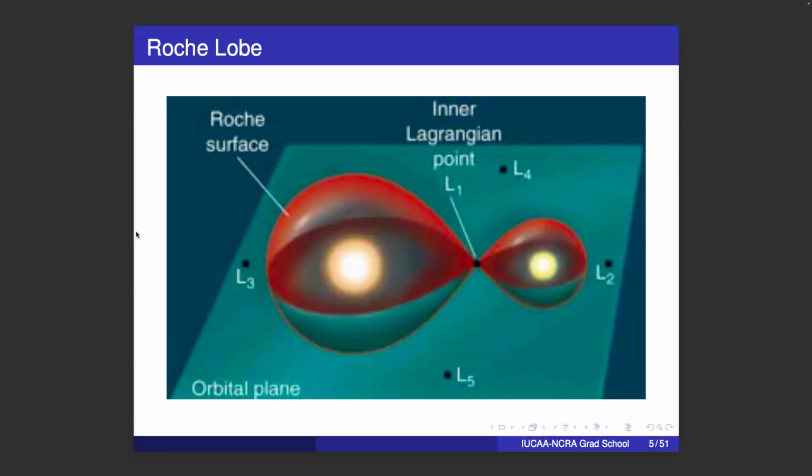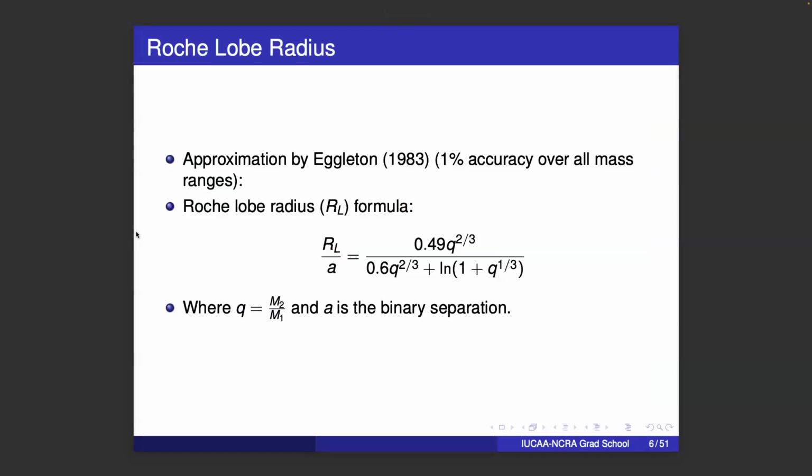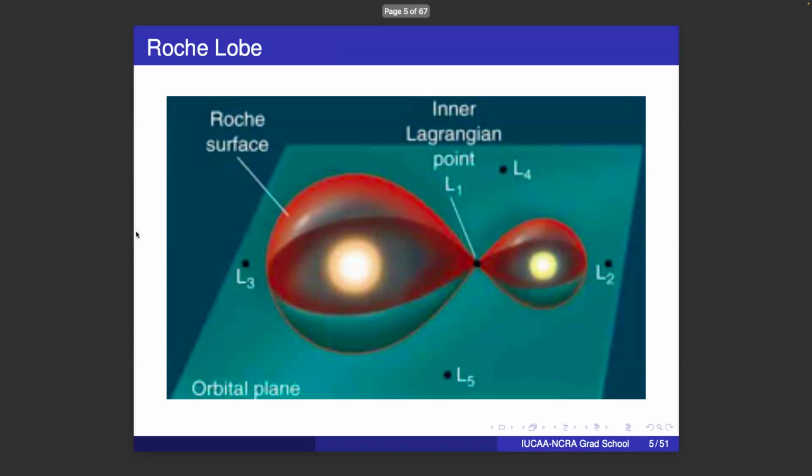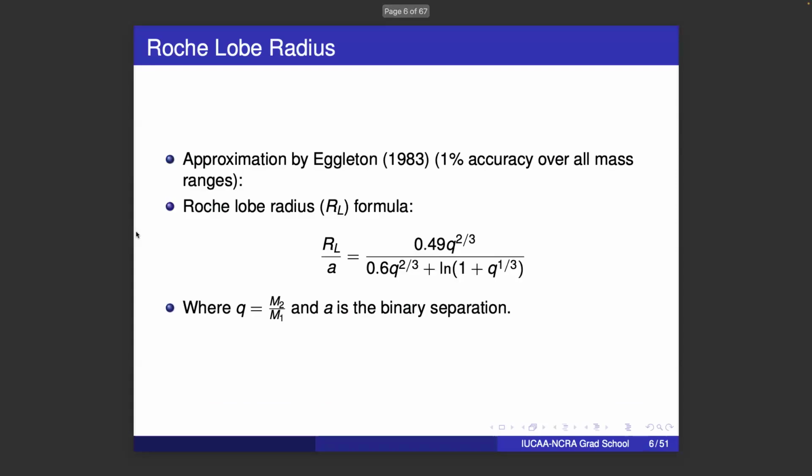But a large fraction of stars in our galaxy are actually binaries. And when they're binaries, in some particular situations, interesting things happen. But before we go there, one can work out this whole thing analytically, but it's quite complicated. So Eggleton, in a 1983 paper, gave a formula for calculating the Roche lobe radius.